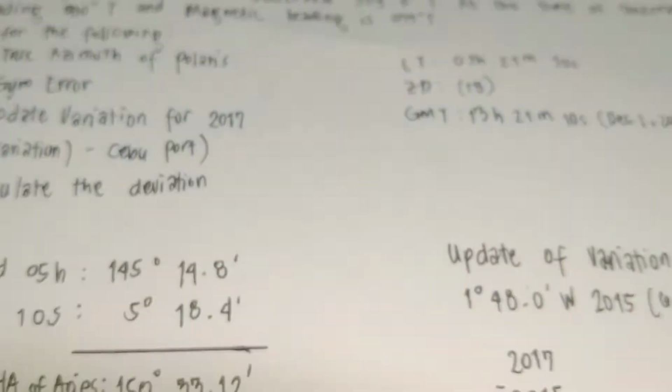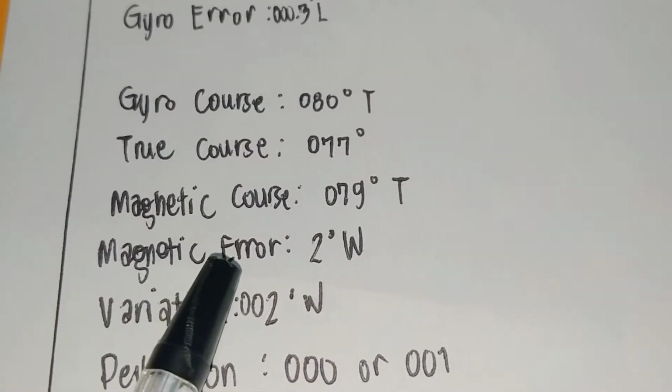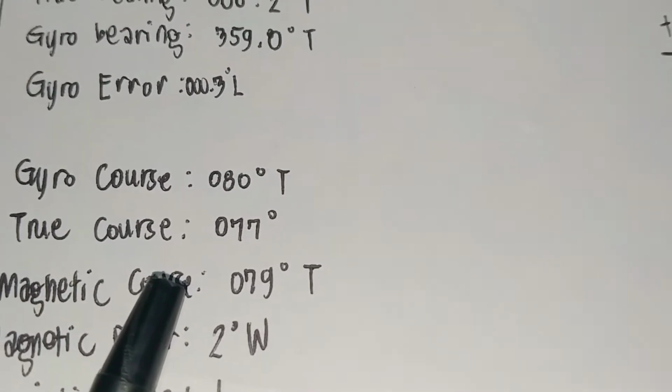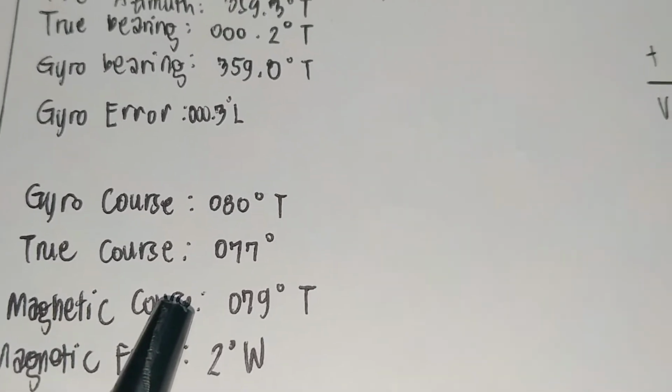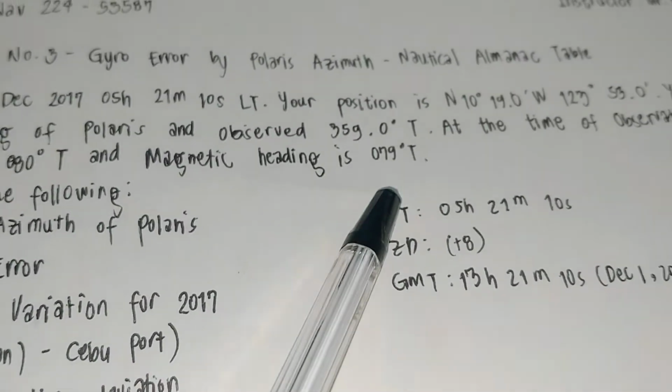After that, we do have our gyro course. So our gyro course is 080 degrees. So we put 080 degrees, and our true course is 077 degrees, since it is being used for our variation. And then our magnetic course is 079 degrees, our magnetic heading.